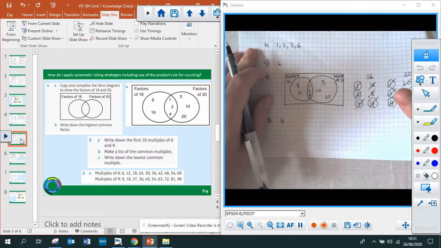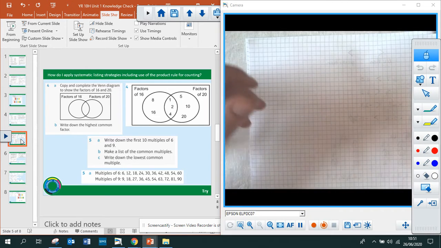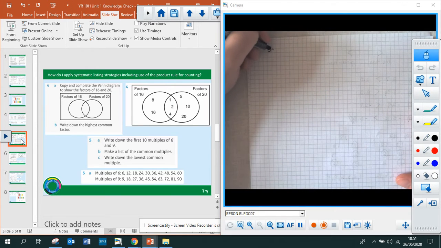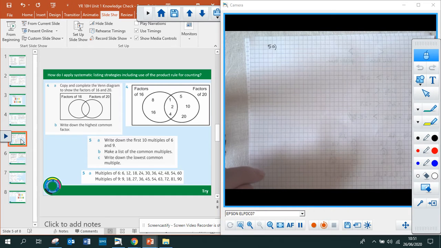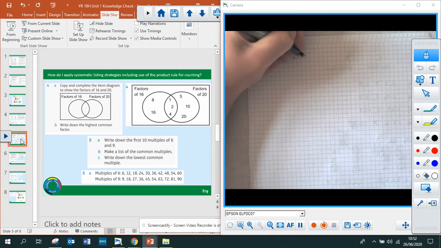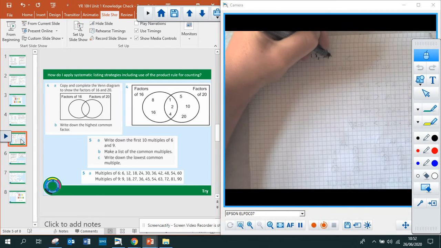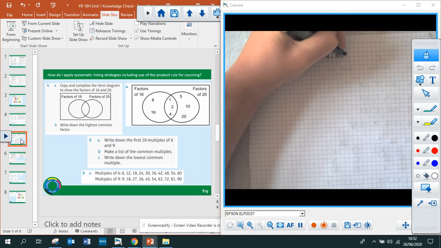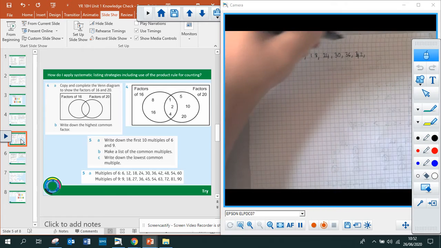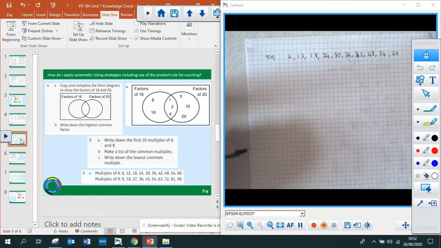Okay, question 5. Question 5 says, write down the first 10 multiples of 6 and 9. So we'll start with 6: 6, 12, 18, 24, 30, 36, 42, 48, 54, and 60.